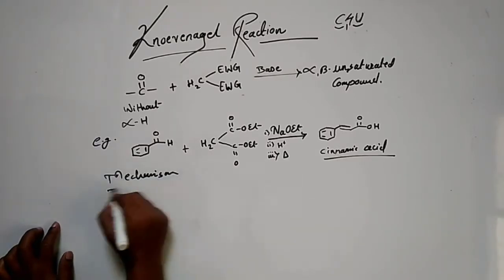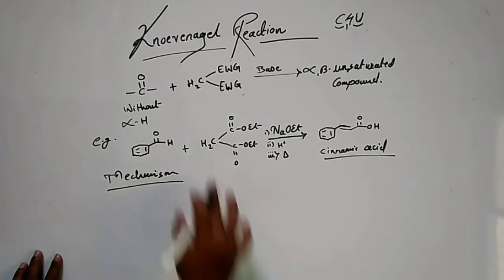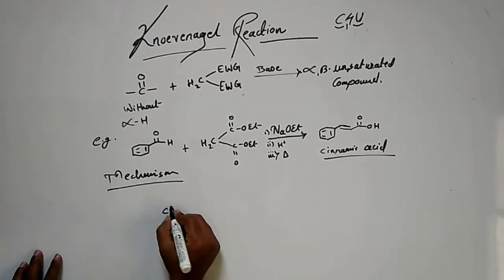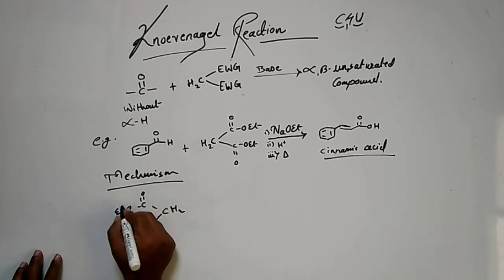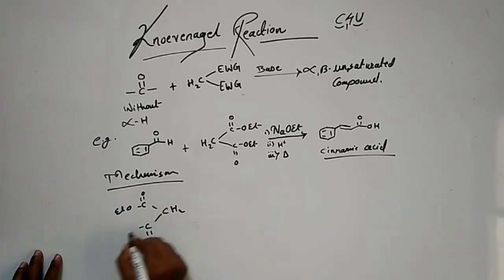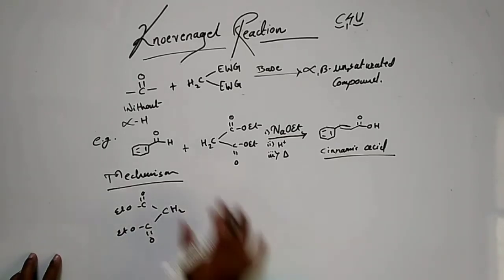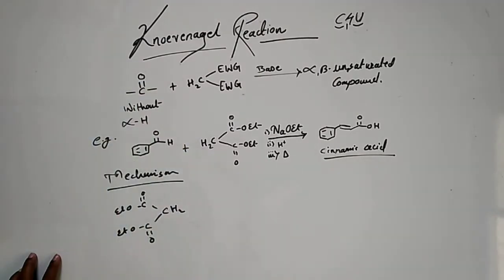So first you have CH2 with OEt and OEt. Before going to the mechanism, you need a carbonyl compound without alpha hydrogen. What is the alpha hydrogen here?